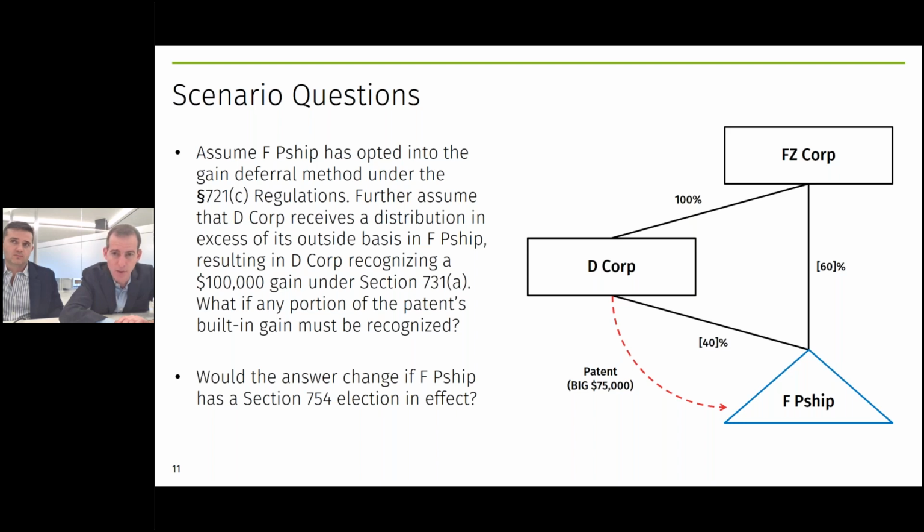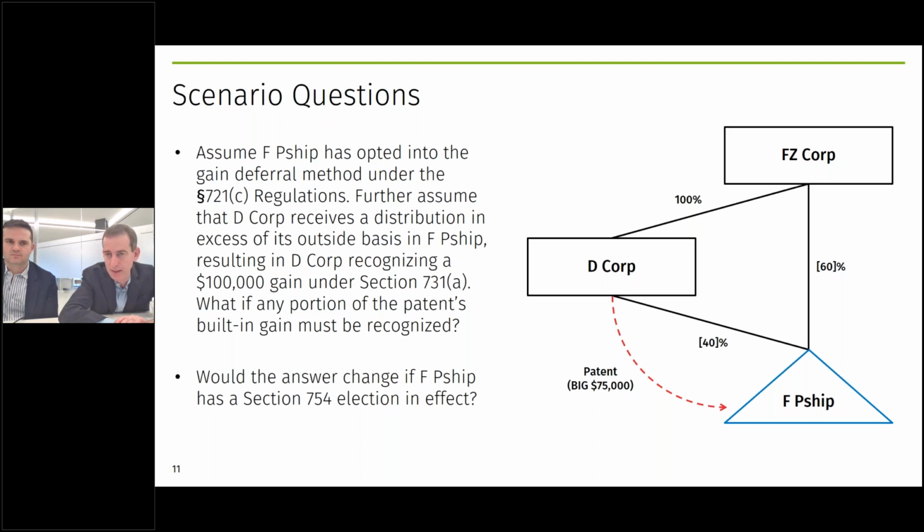So D Corp here recognized $100,000, and that $100,000 of outside gain is inevitably going to exceed, or at best equal, the amount of the basis step up in the patent at the partnership level, and therefore the exception to this being a partial acceleration event under the regs applies.